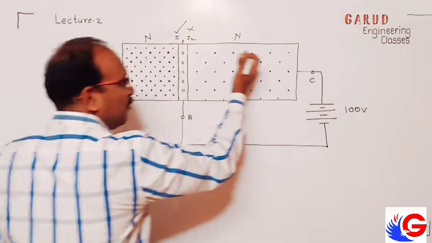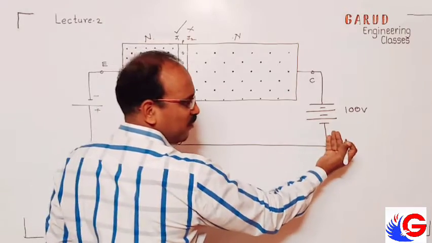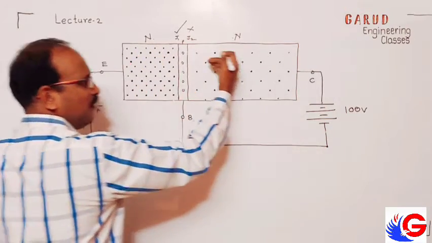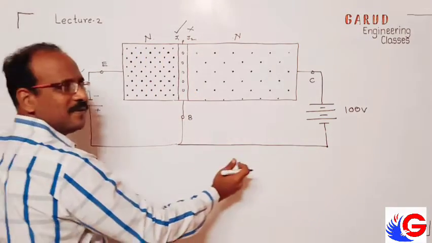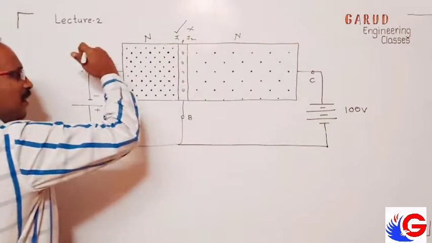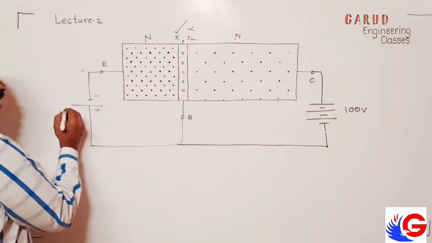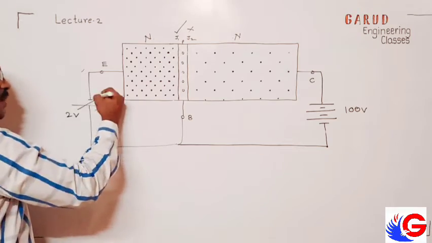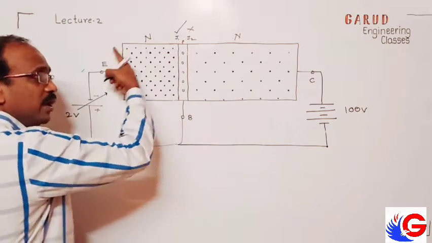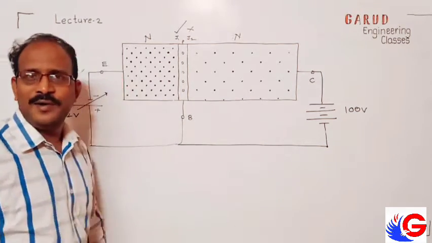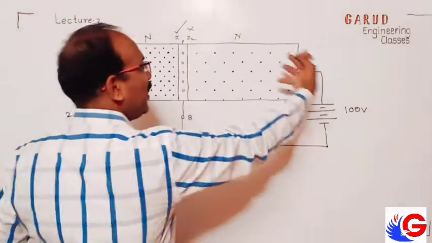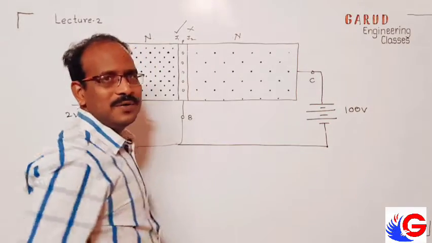So if you see this complete flow, starting from here, negative, positive, negative, positive, negative, positive. Suppose this is 2 volt and variable. So total voltage will be 102 volt, and whatever the flow will be is because of 102 volt.